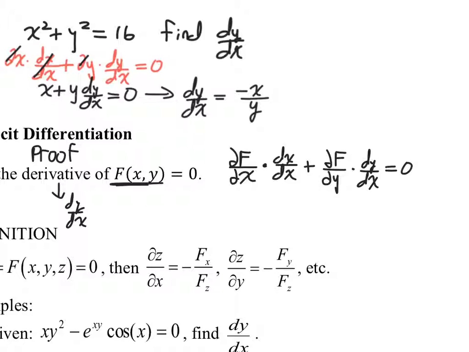All right, so this cleans up because this cancels immediately. And if I want to solve for dy/dx, I'm going to subtract the partial with respect to x and divide by the partial with respect to y.